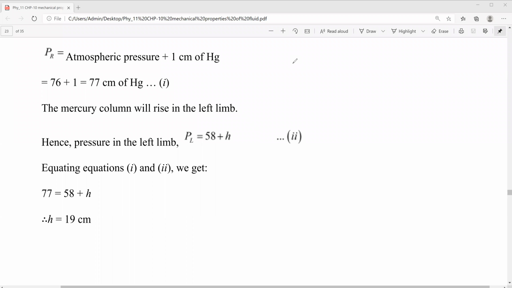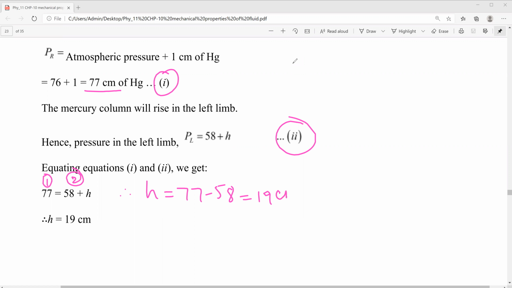Equation 1 is 77 and this is equation 2. From this we calculated the h value. How did we calculate the h value? 77 minus 58, we are getting 19 centimeter as the difference.